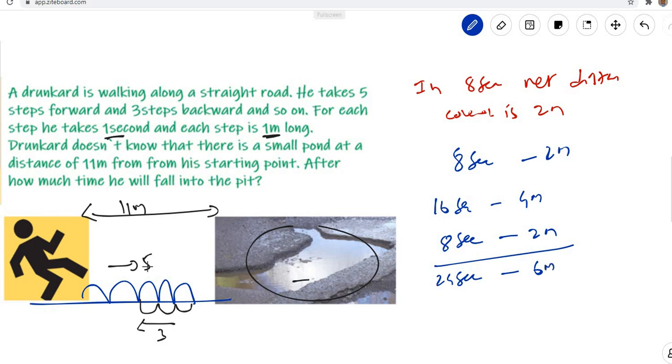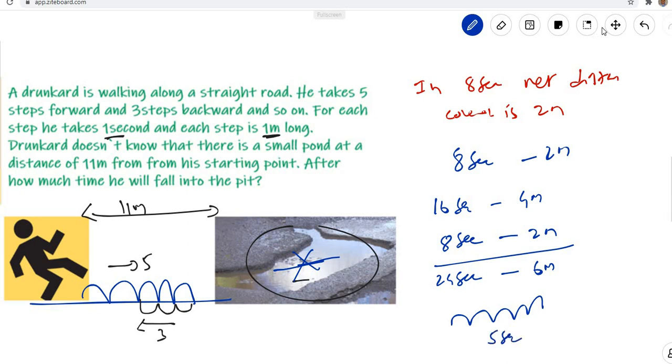That means now this fellow is at a distance of 6 meters from the pond. After that, he'll take another 5 steps, 1, 2, 3, 4, 5. By the time he takes the 5th step, he will fall into the pond. So he'll take another 5 seconds.